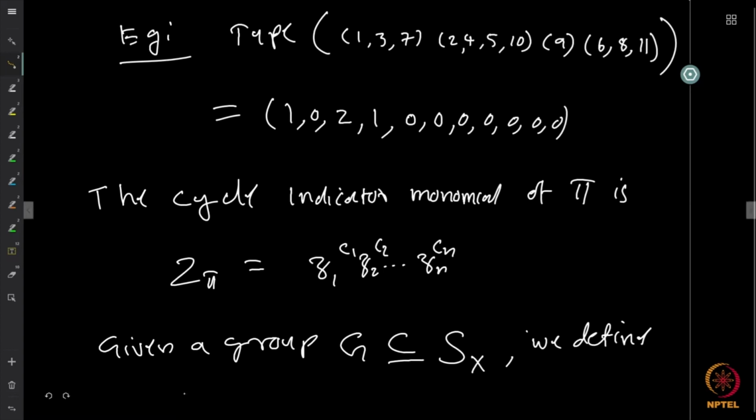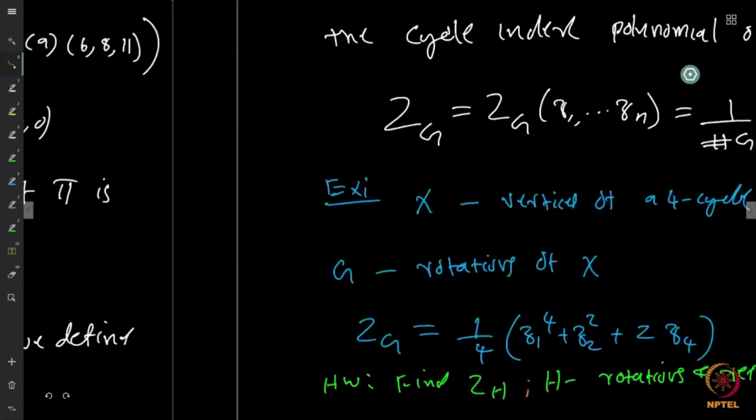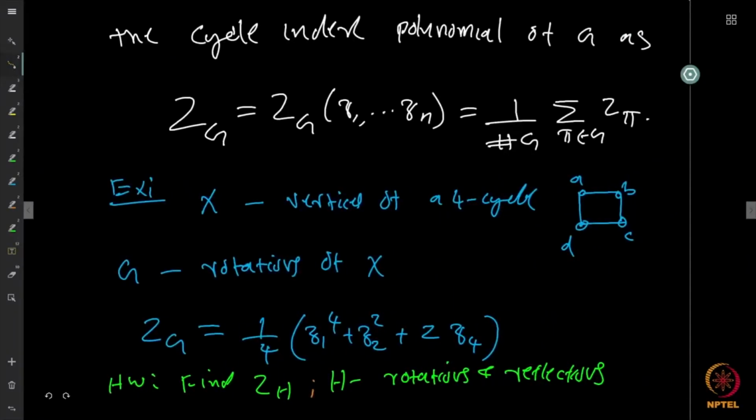So, given now a group of symmetries, let us define the cycle index polynomial of the group, denoted by Z_G of z1 to zn, as 1 by the order of G, summation over all the permutations pi in G of z_pi.